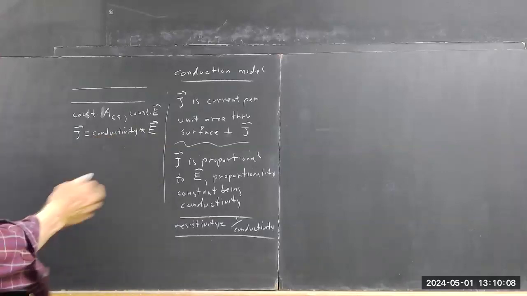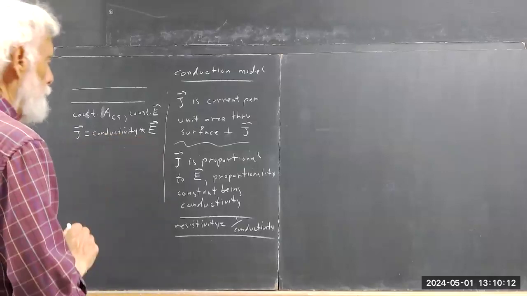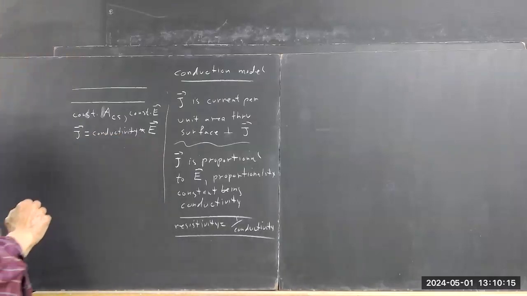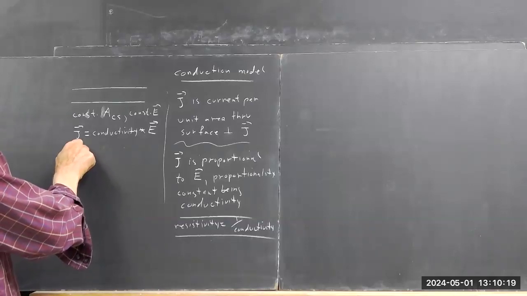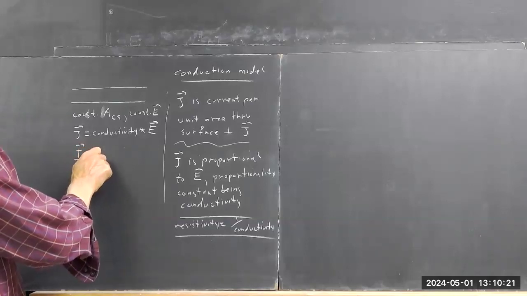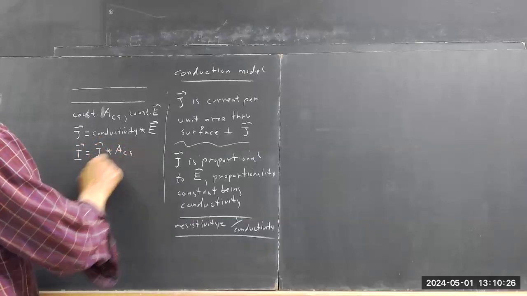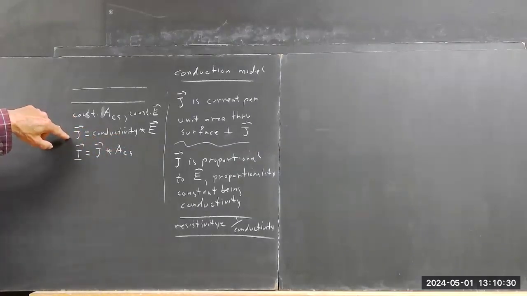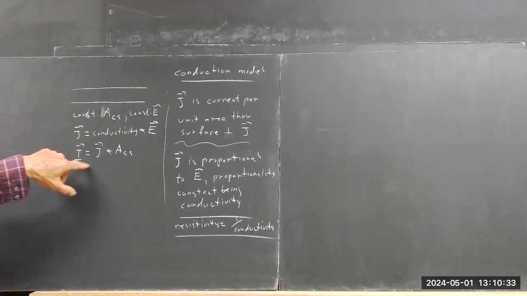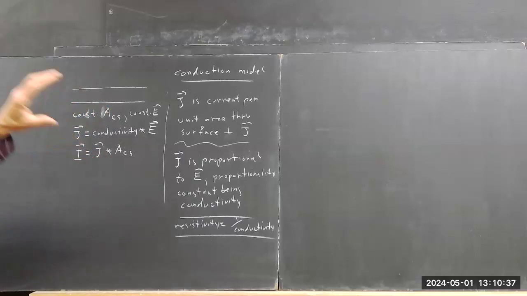I'm going to write it out because sometimes it's hard to remember what symbols mean. J is conductivity times electric field. Current is then just your current density times your cross-sectional area. Very simple idea once you get it through your head.